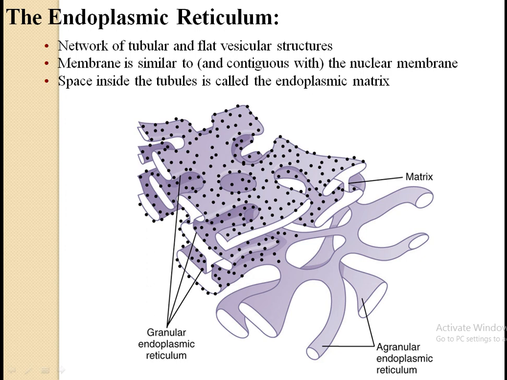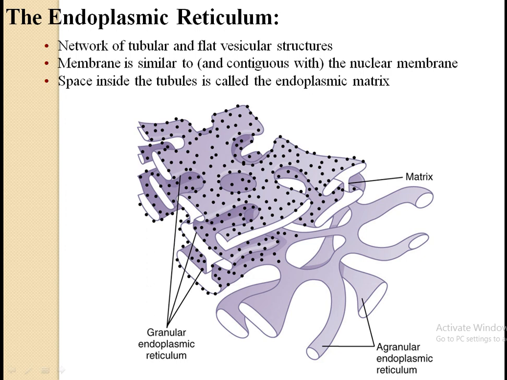The endoplasmic reticulum is a network of tubular and flat vesicular structures, as you can see from this picture. Some of the structures are covered by these special black dots, and some are without dots.